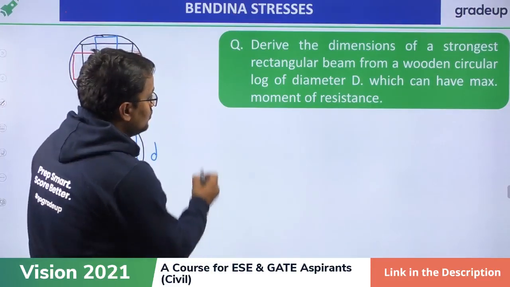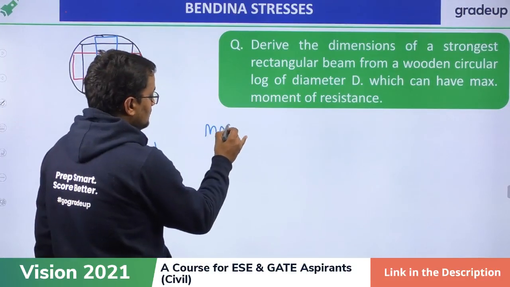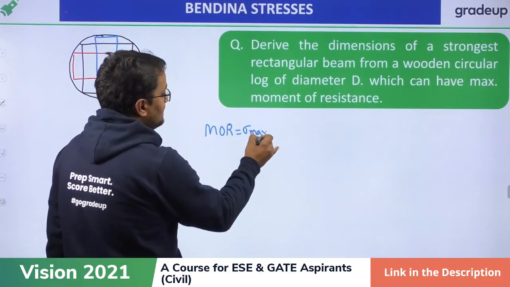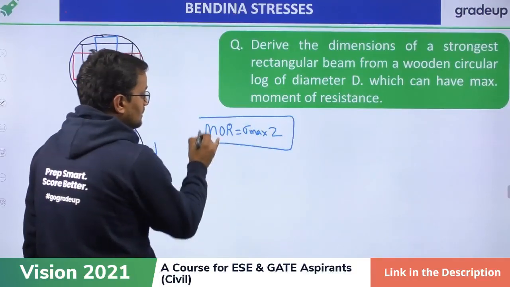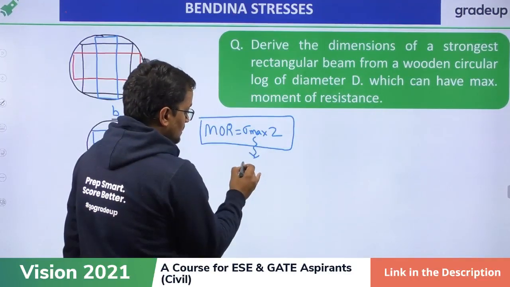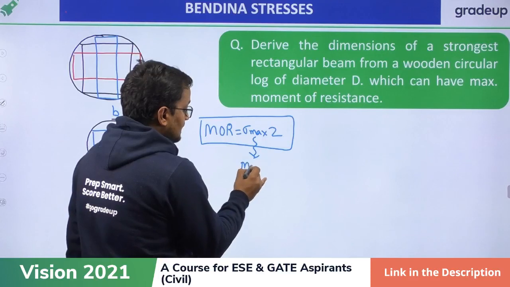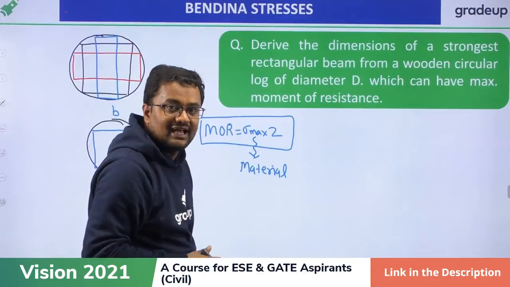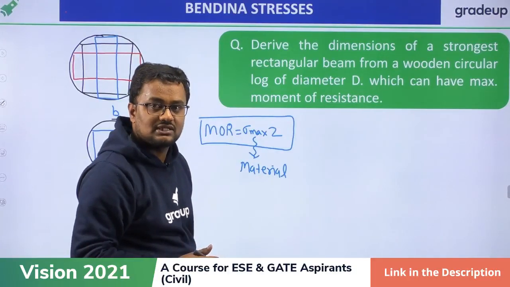So moment of resistance MOR is how much? Sigma max into Z. Now my friends, this depends on material. Sigma max depends on material. Every other material has different sigma maximum stress it can take.